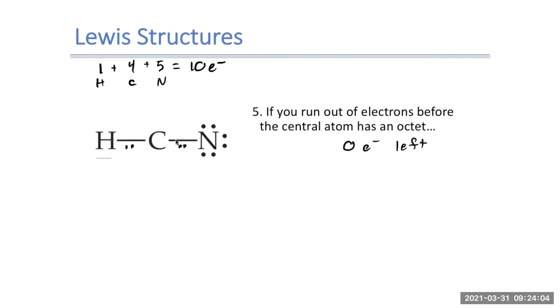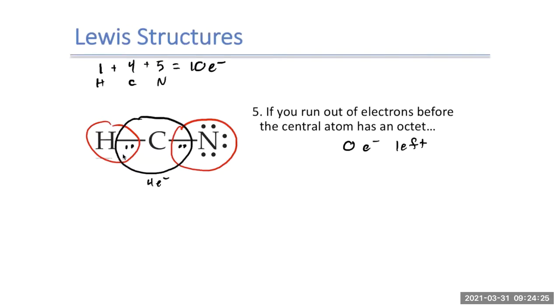But I can see nitrogen has an octet. Hydrogen has its noble gas configuration, which is 2. Carbon only has 4 electrons.